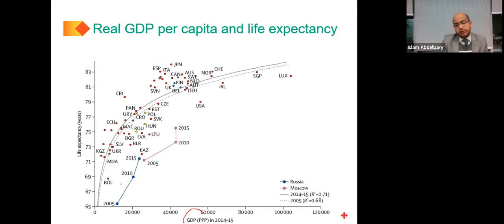People in countries with higher incomes live longer than poor people. And this is a fact. People in high income countries live 80 plus. In low income countries they live 60 plus.